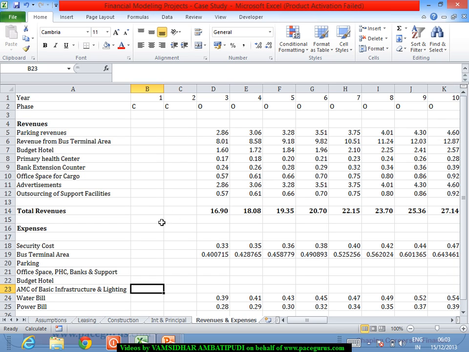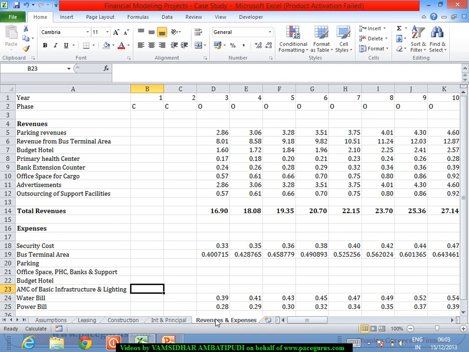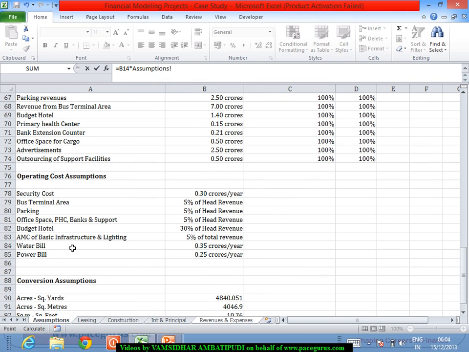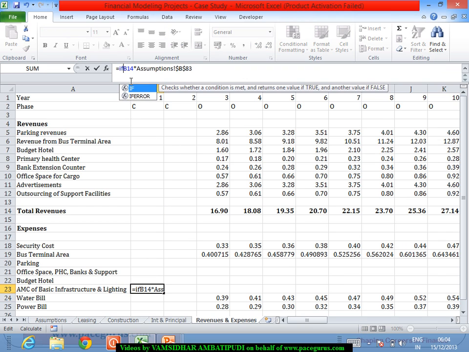And the same logic goes with the AMC of basic infrastructure and lighting, 5% of the total revenue, not the head revenue. Means I will take this total revenues column. So this is my total revenues. I am multiplying that, let's say, with the AMC of the basic infrastructure and lighting. Again, here also I can put up the same assumption.